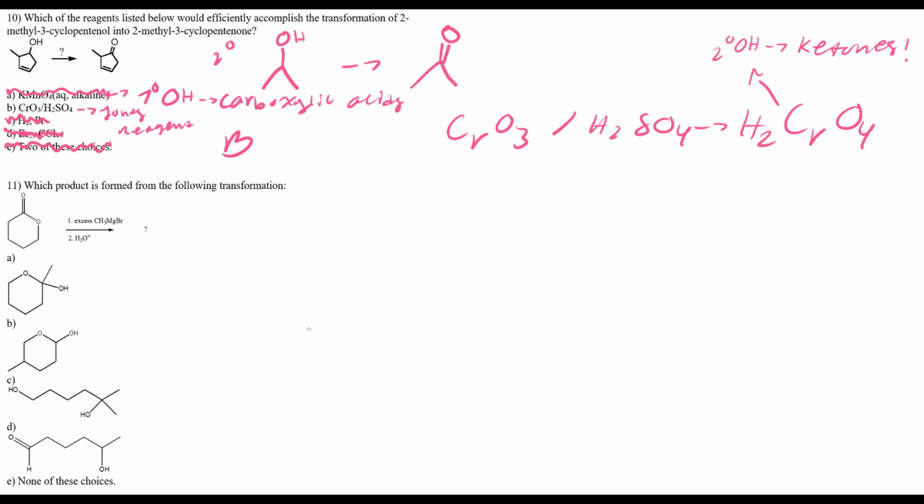For question 11, which product is formed whenever you do the following reaction? Now we're reacting with some Grignard reagents. So we have CH3 with the Grignard, MgBr. What I like to do is ignore the MgBr. I typically erase it, or I scratch it out on a test, and I just keep the one carbon.